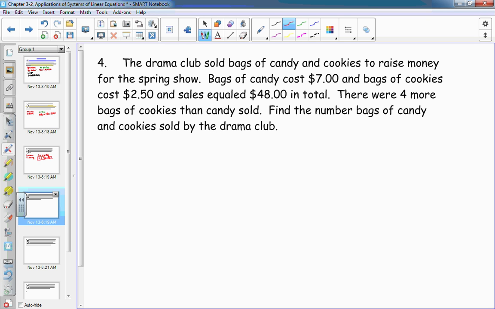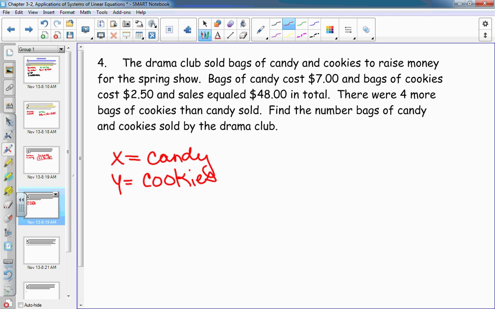The drama club sold bags of candy and cookies to raise money for the spring show. They both start with C. That's an issue. You're right. I've been running into that all day. So with that said, you're going to say X is equal to your first item, and what is that? Candy. And Y is going to represent your second item, which is going to be cookies. Does that make sense? Okay.